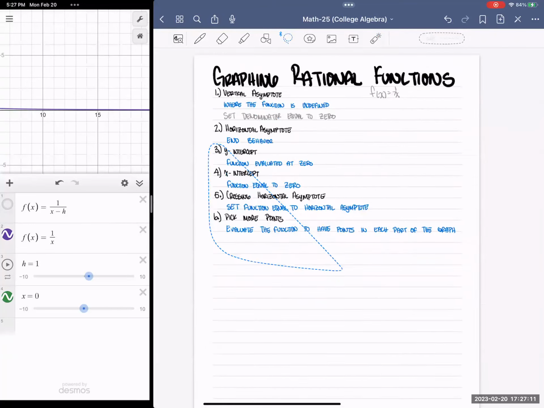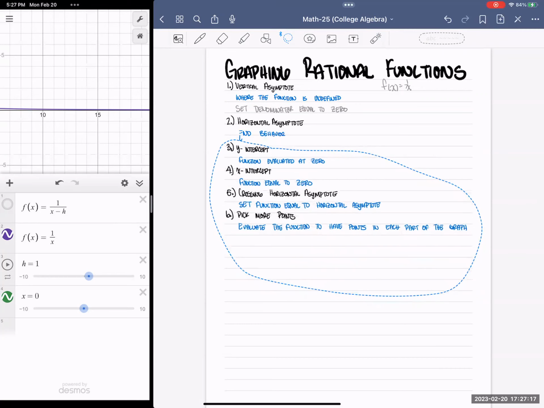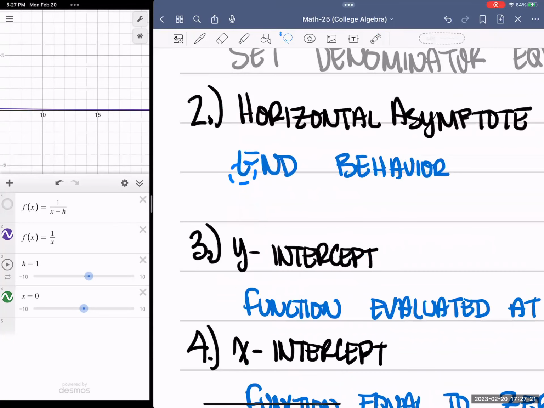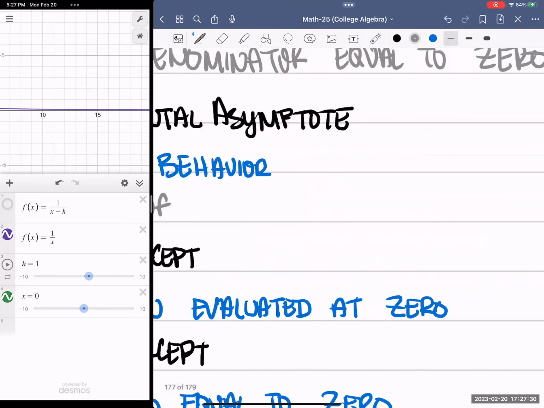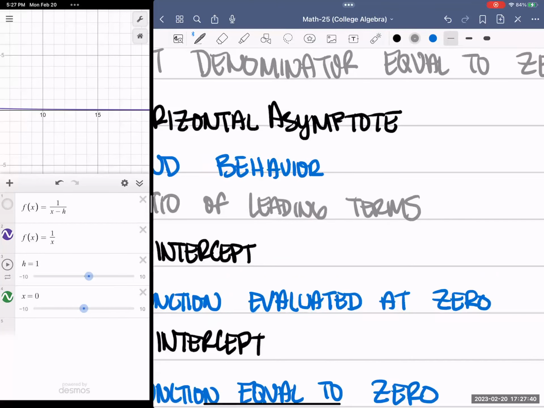To solve for that, we get a ratio of the leading terms in the numerator and denominator. So, the ratio of the leading terms in the numerator and denominator.